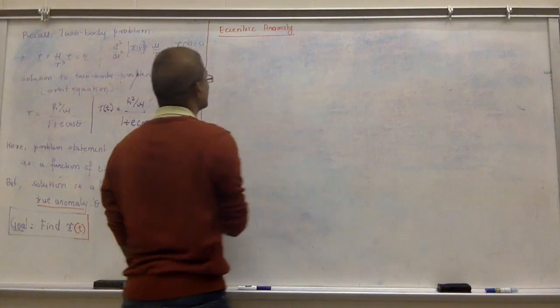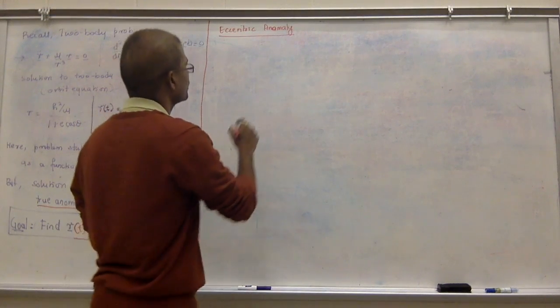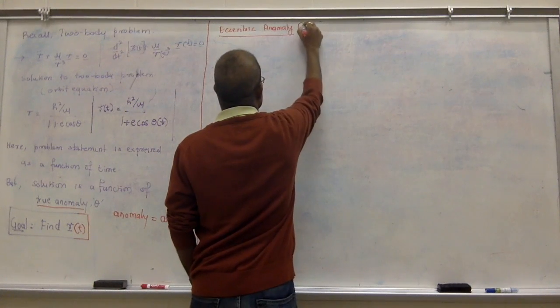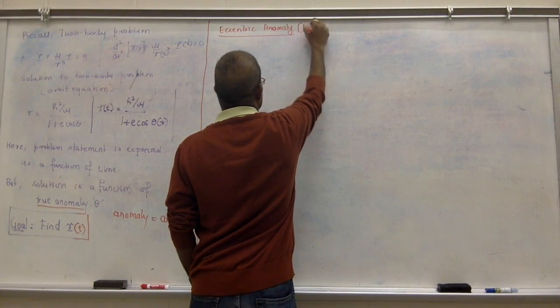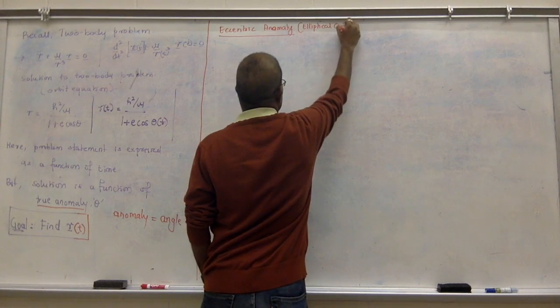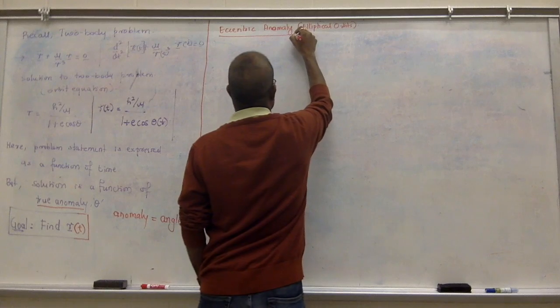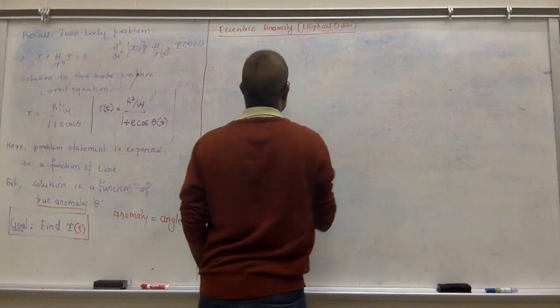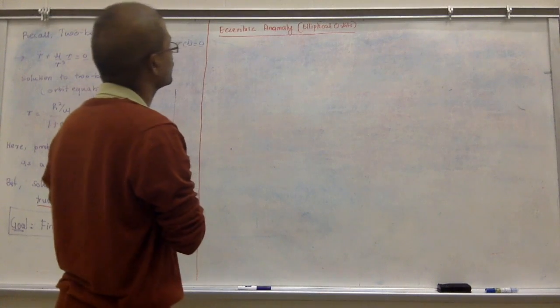So how do we define eccentric anomaly? And this is defined for elliptical orbits. Or we look at it in the context of elliptical orbits.